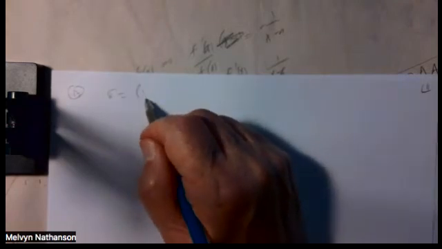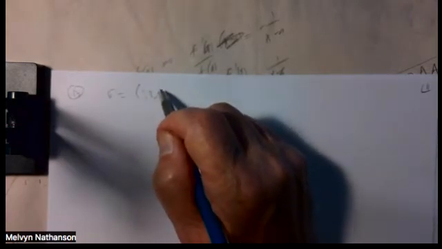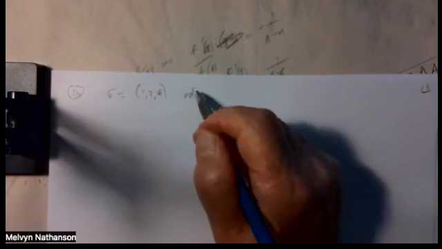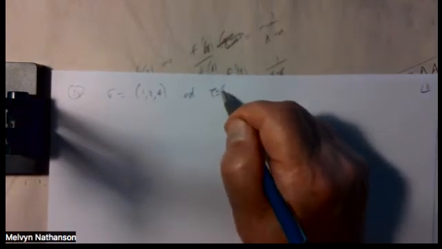So problem 13, we have two permutations, a cycle (1, 3, 4) and a transposition (2, 5). So if I compute sigma tau, that's (1, 3, 4)(2, 5).